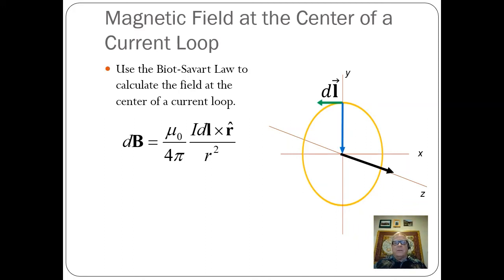So by using the right-hand rule, we can readily see that the magnetic field will be coming out of the plane, along the z-axis. And all of the magnetic fields produced by those tangents to that circle would be pointing in that same direction.